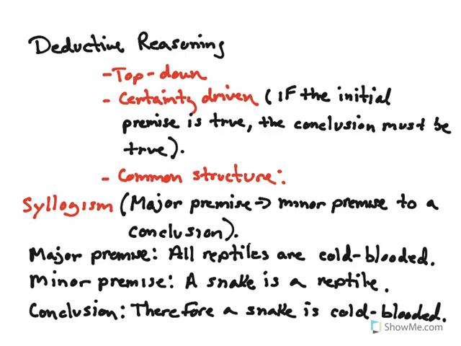That would be a major premise, because we are stating all reptiles are cold-blooded. A minor premise would be a more specific example from that category of reptiles: a snake, for example, is a reptile. So we have two premises. The major premise is that all reptiles are cold-blooded. More specifically, a snake is a reptile. Therefore, we can draw the conclusion that a snake is cold-blooded.